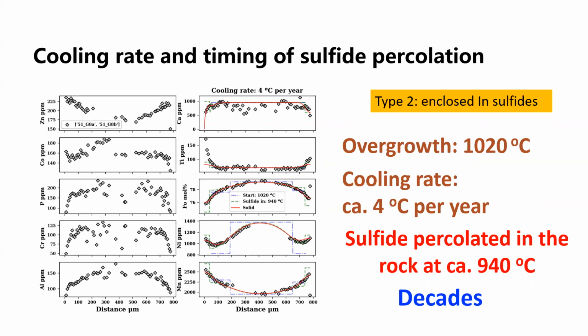The time we get is that overgrowth took place similarly at 1,000 degrees, and the cooling rate is about 4 degrees per year. And in this sample the sulfide percolation happened at a temperature of about 940, so it's just decades before the rock was completely solid.